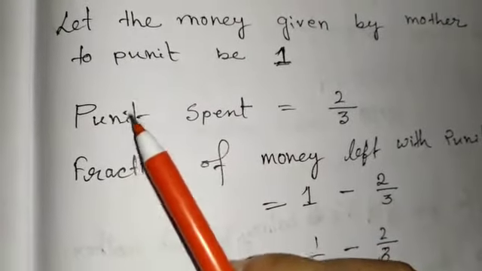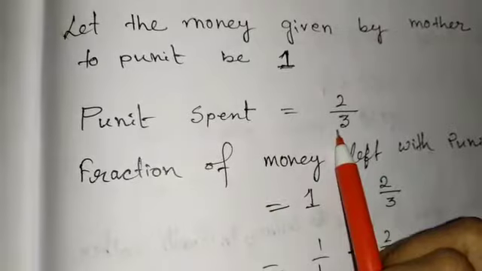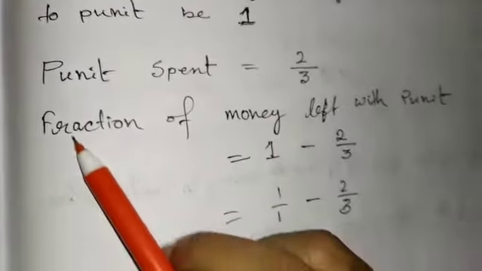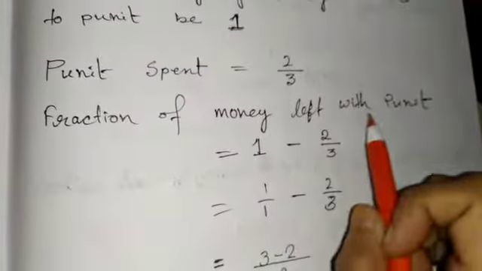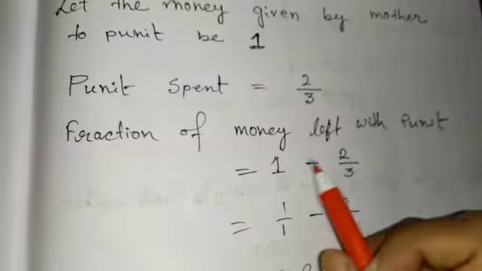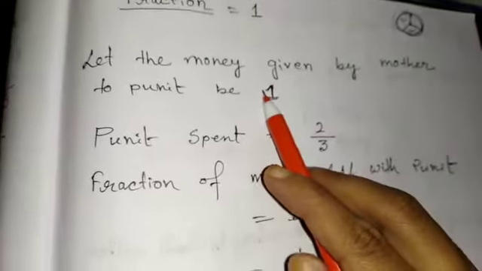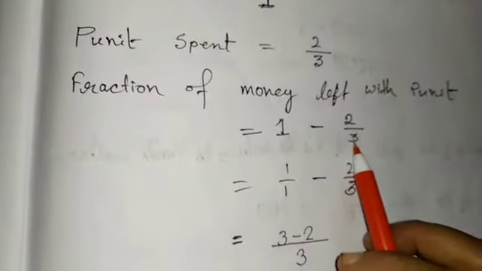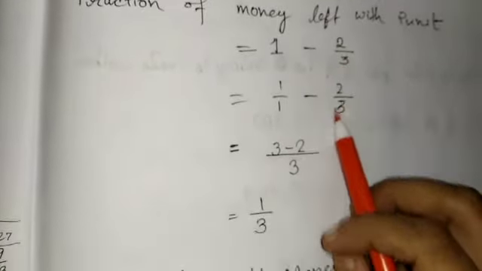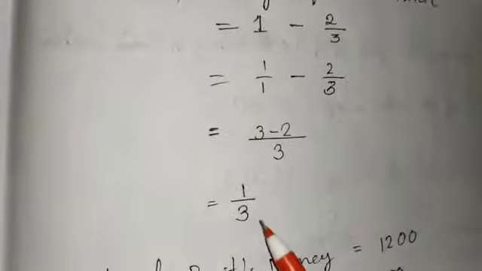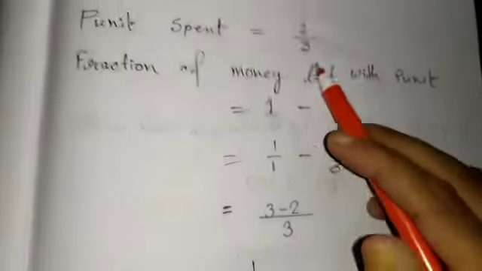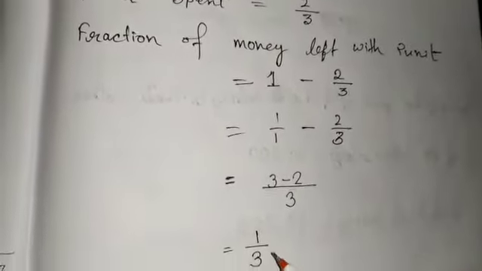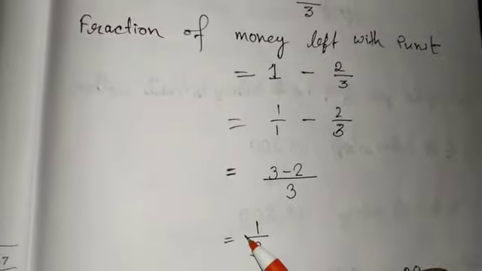And according to our question, Punit spent 2/3. So the fraction of money left with Punit will be 1 minus 2/3. Mother has given 1, he spent 2/3. So how much is left with him? If we solve this, we will get 1/3. So what Punit has left is 1/3.